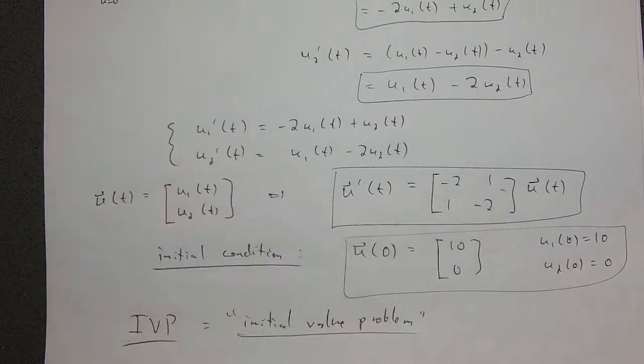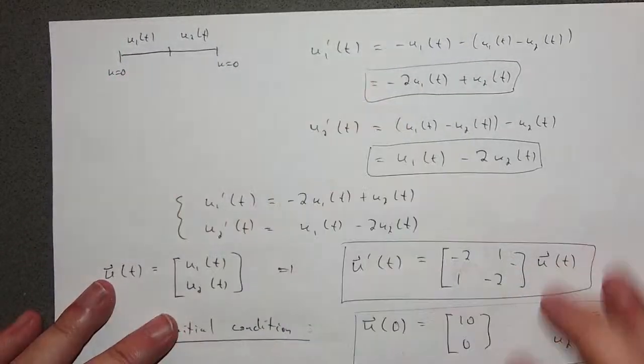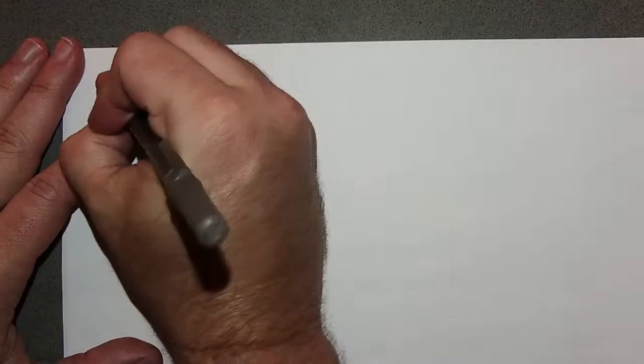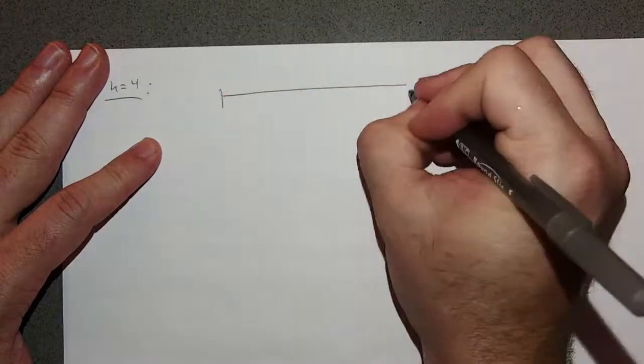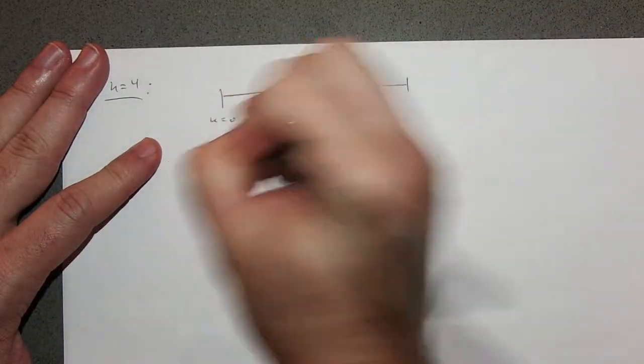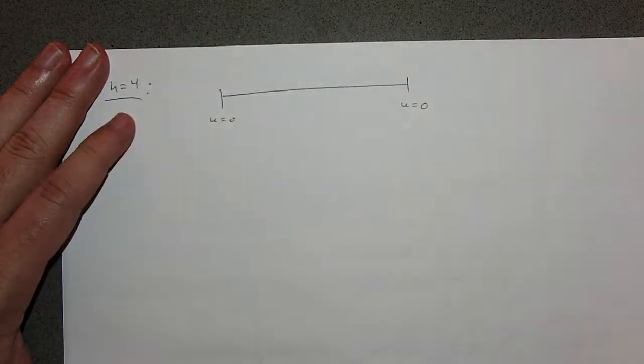Let's repeat the same process, but now instead of splitting this up into two pieces, let's split it up into four pieces. So let's let n equal 4 here. Let's have the exact same bar description, so we have u equals 0 at the endpoints. These are our boundary conditions.